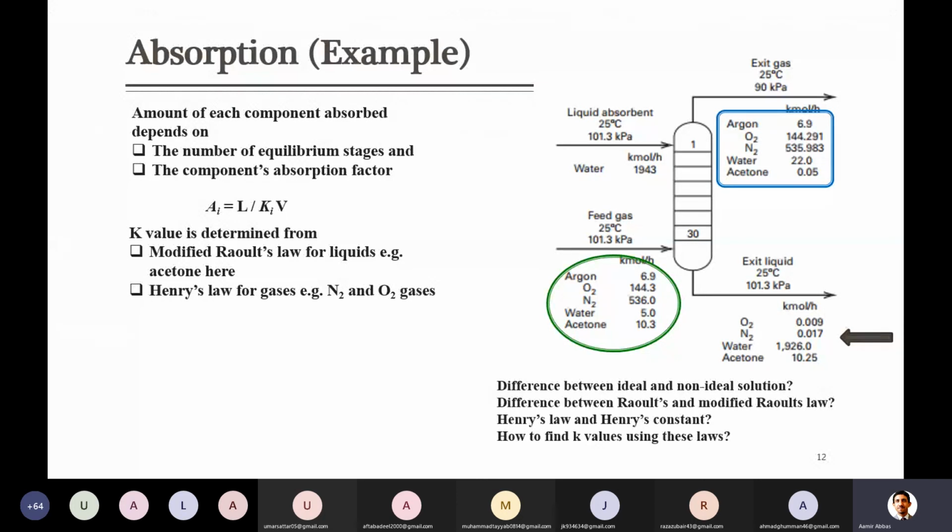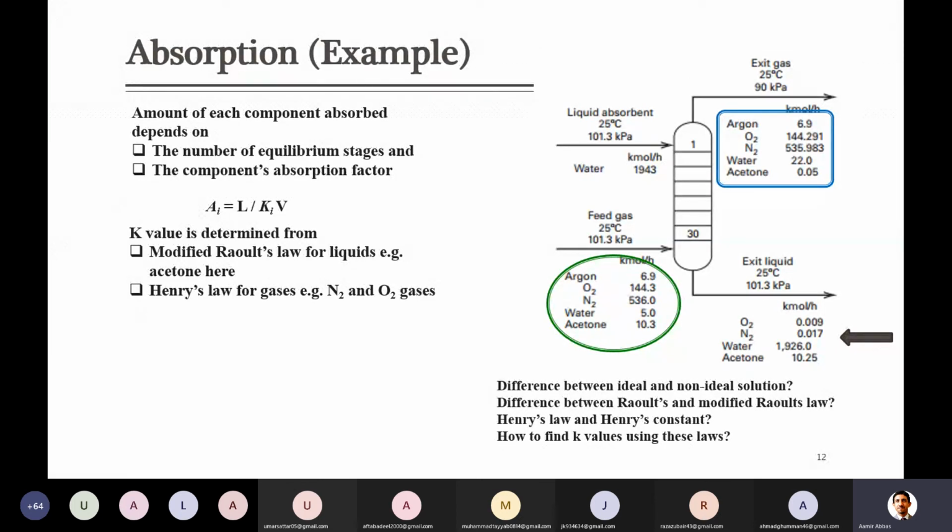Here there are a few questions for you, mentioned below the diagram: what is the difference between ideal and non-ideal solution? You should know. If you don't know, just try to search for the answer. This is your small homework again, so note down the answers, and maybe in the next lecture I will quickly discuss this.